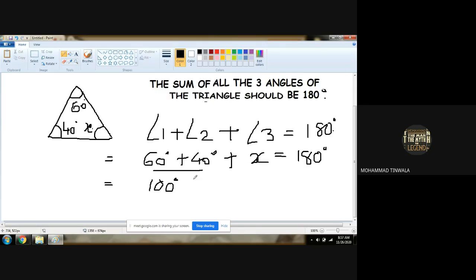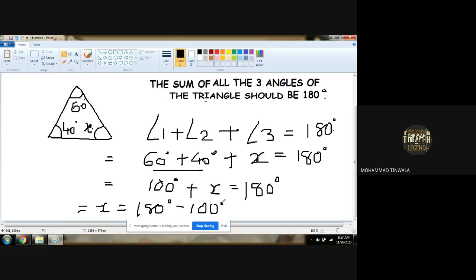60 plus 40 is 100 degree plus X is equal to 180 degree. Now we have to find the value of X. So X will be on one side. X is equal to 180 degree. This 100 degree will move to the right hand side, so it will be minus 100 degree.